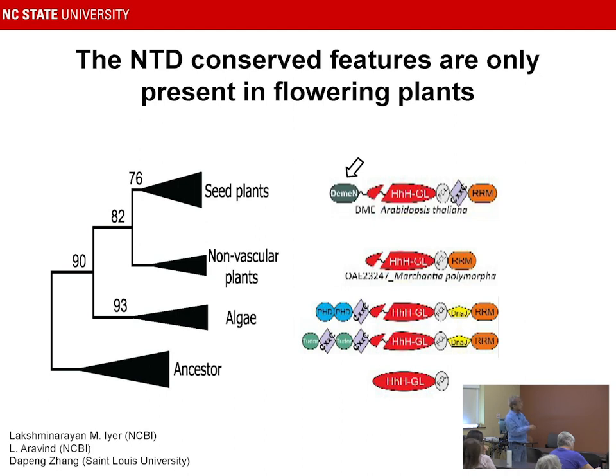And the N-terminal region was acquired during angiosperm evolution, and incidentally, angiosperms are where gene imprinting occurs. So acquiring the N-terminal region may directly or indirectly be involved in the evolution of gene imprinting regulation.